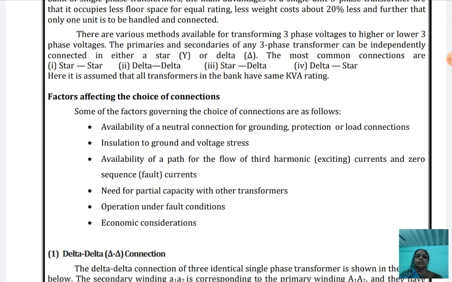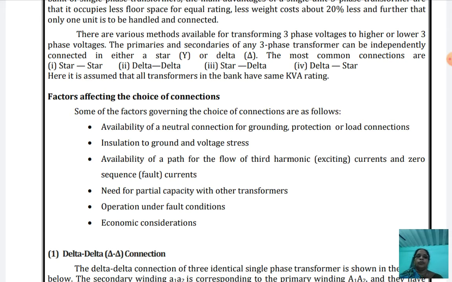Zero sequence current is nothing but the fault current only. And then the need for partial capacity with other transformers, and three-phase transformer operation under faulty condition also, and then economic considerations also. These are the factors affecting the choice of three-phase transformer connection.